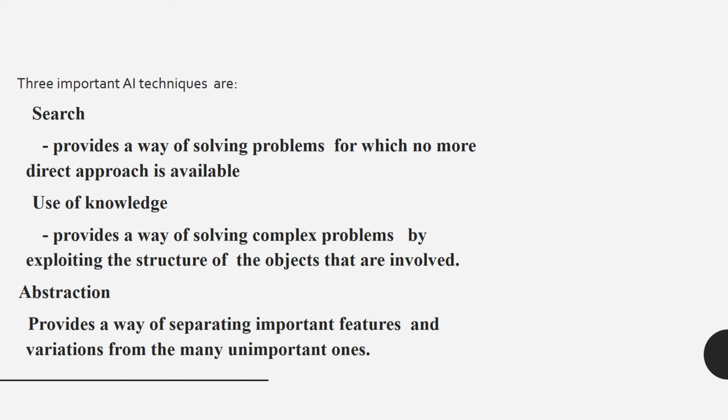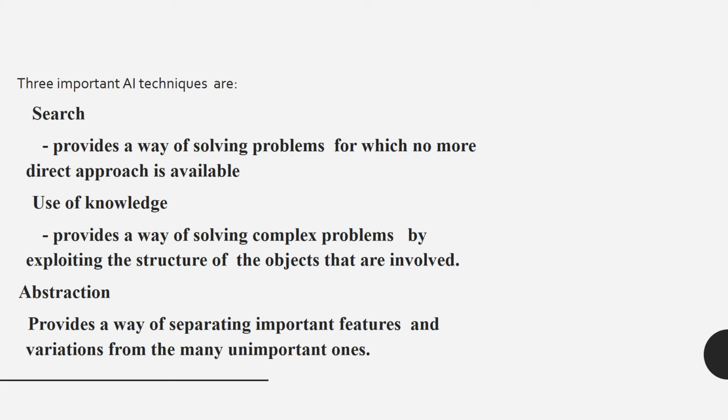Three important AI techniques are search, use of knowledge, and abstraction. For solving a particular AI problem, we may use one or more techniques. Search is an AI technique used when we want to solve problems for which no direct solution is available.